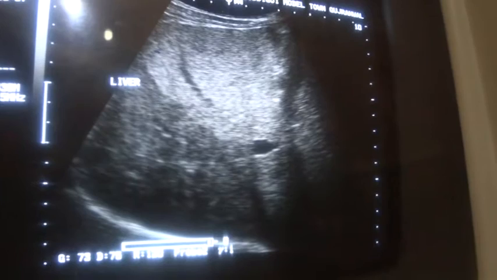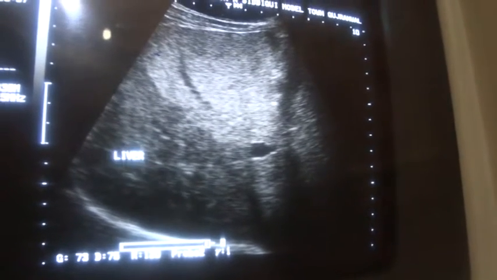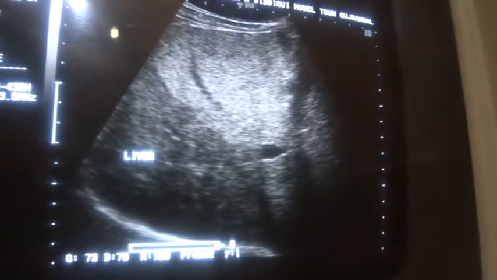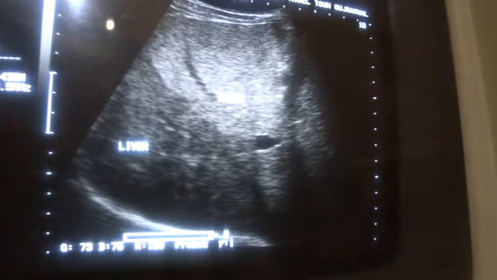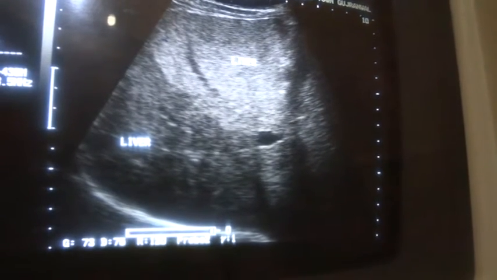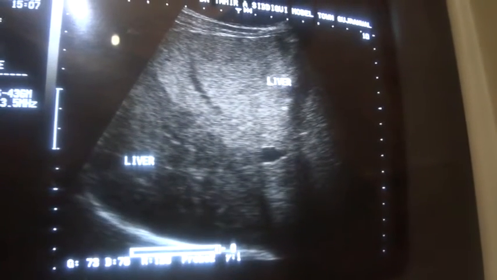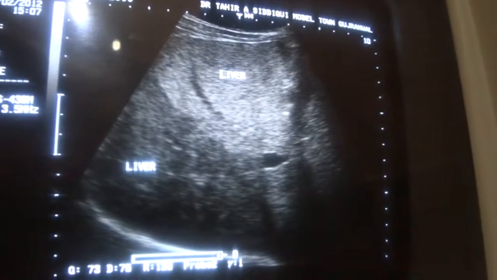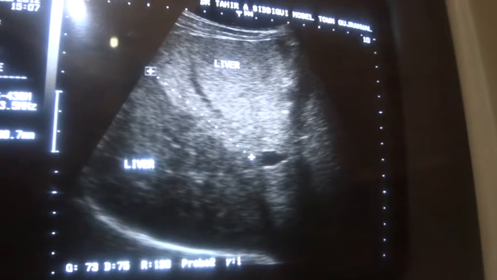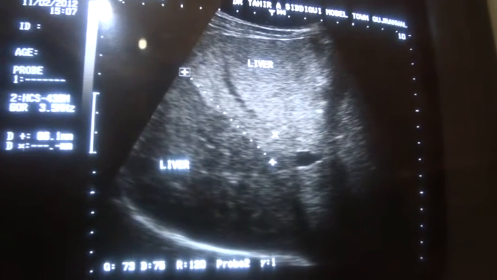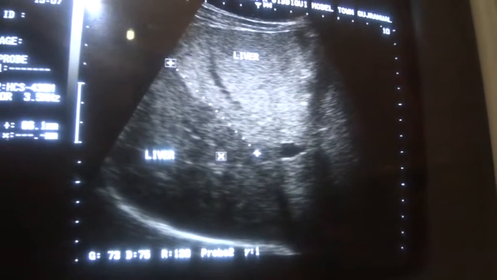Segments 6, 7, 5, 6 are all normal in echogenicity and texture, and this lateral portion with segments 4A, 4B, 2, 3 is the liver with a cutoff seen almost somewhere here. So now this liver is fatty, and this liver is normal in echogenicity.